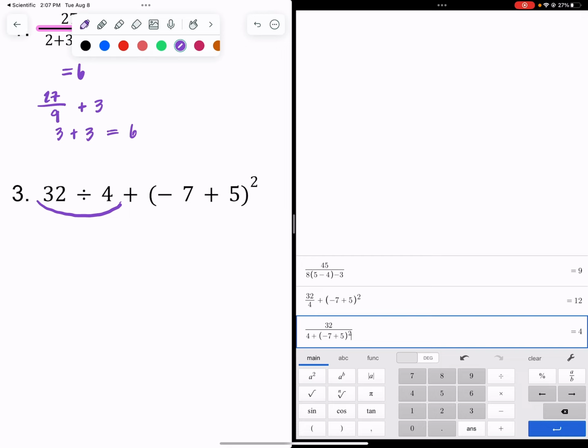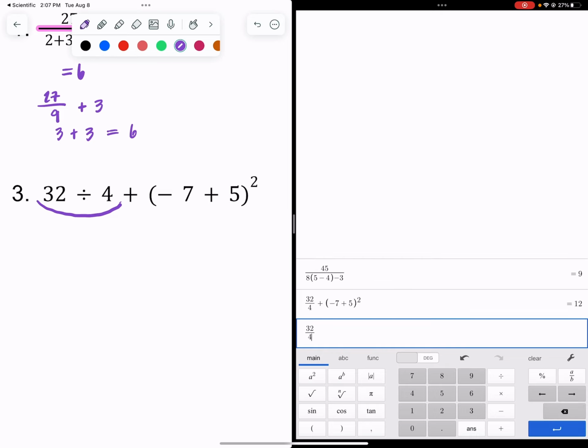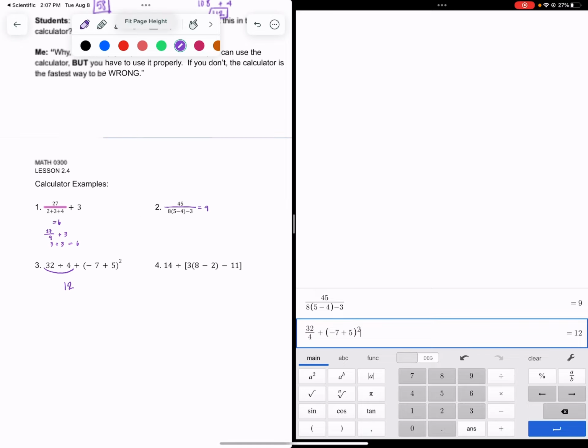Y'all, 12 and 4 are very different numbers. Just saying. Make sure that you type it in correctly. So this is 12.